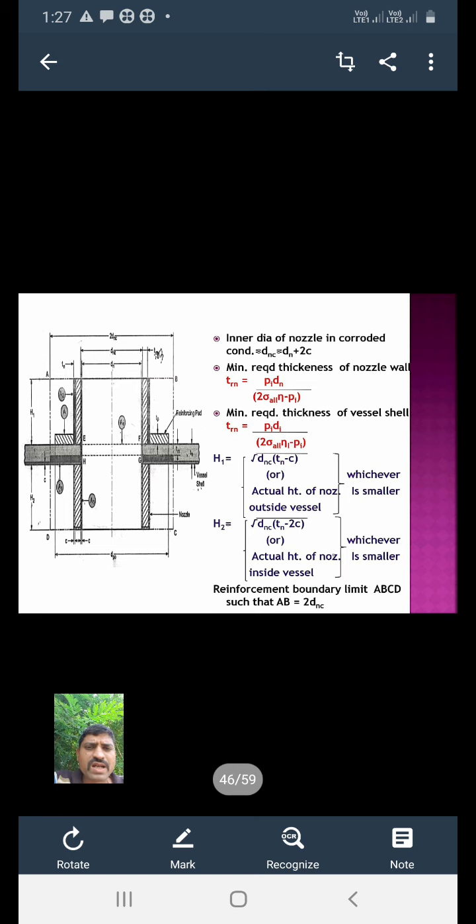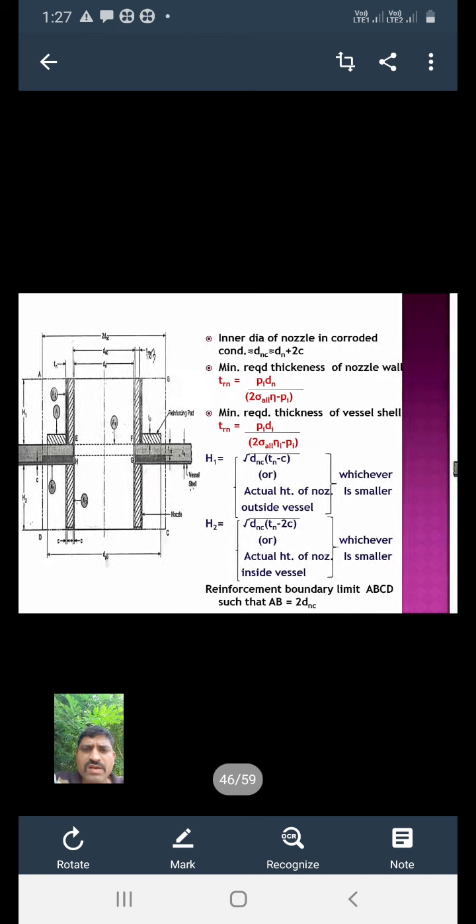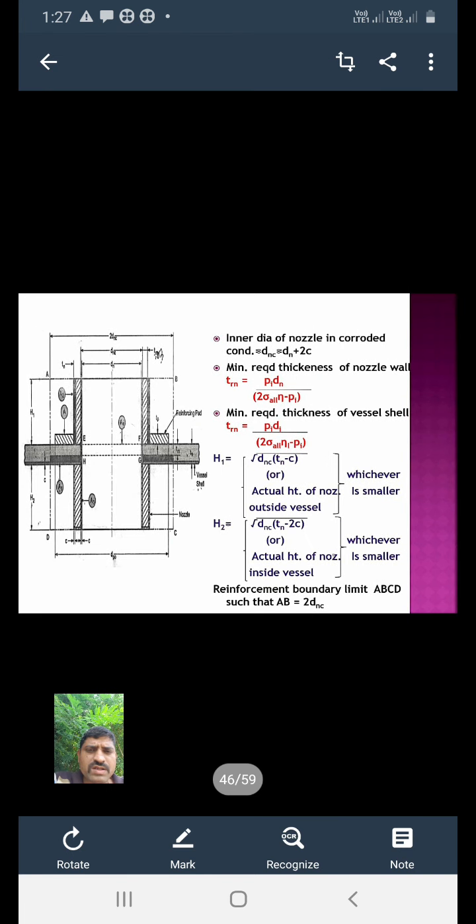DNC is equal to, we can write, DN plus 2C. Second, the minimum required thickness of the nozzle, TRN. TRN is found with the help of the formula Pi into Dn divided by 2 sigma all into N minus Pi. Pi is the design pressure.